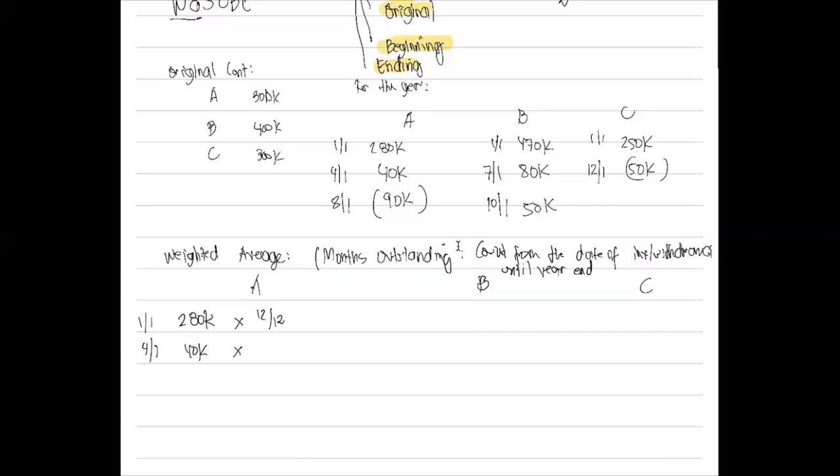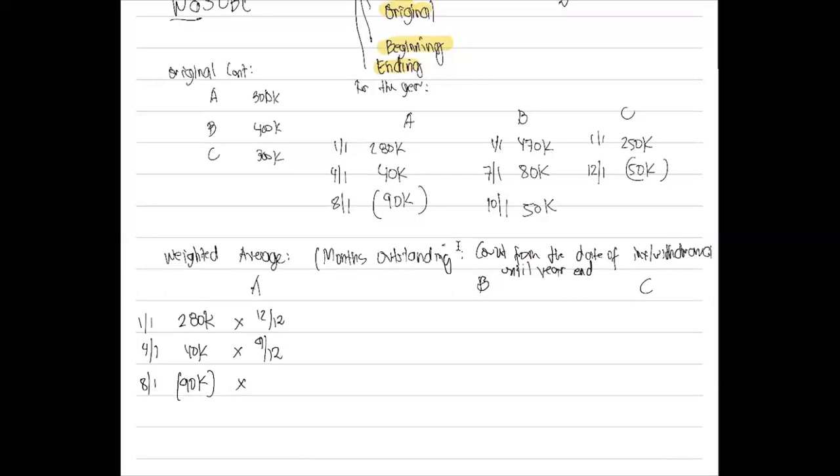How many months from April 1 to December 31? April, May, June, July, August, September, October, November, December. 9 months. So 9 over 12. 8-1. That is negative 90,000.